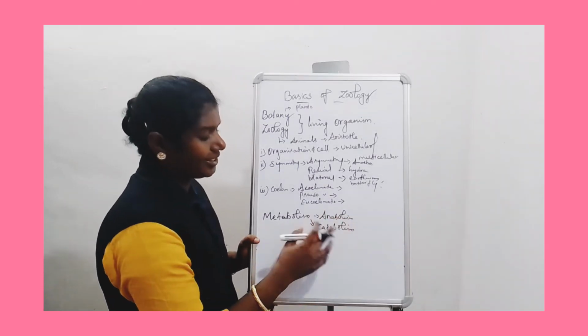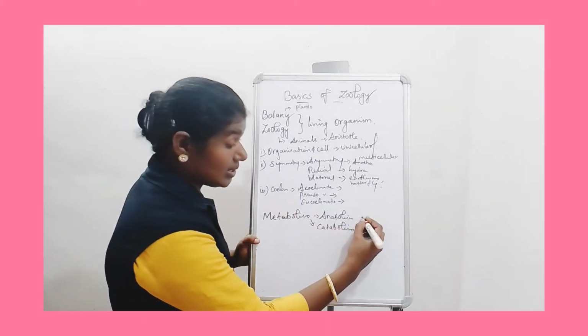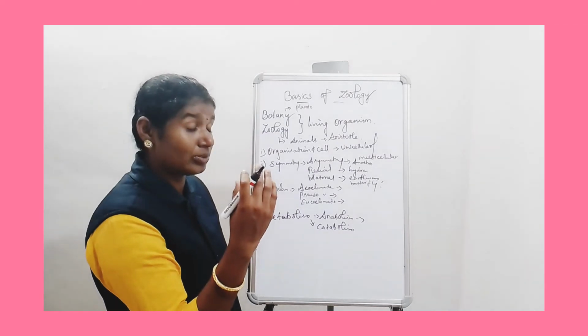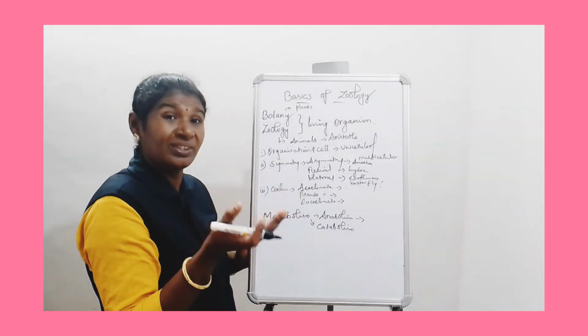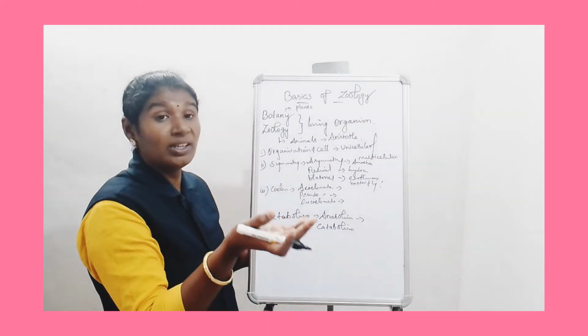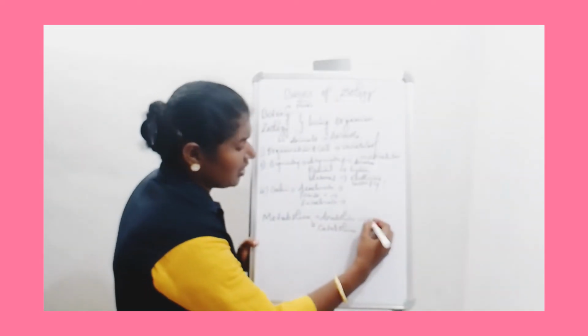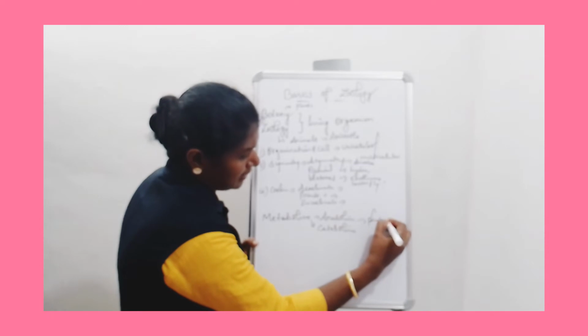What is meant by anabolism? Anabolism means build up, that means to build up the energy. That is called anabolism. The best example we can say is photosynthesis.